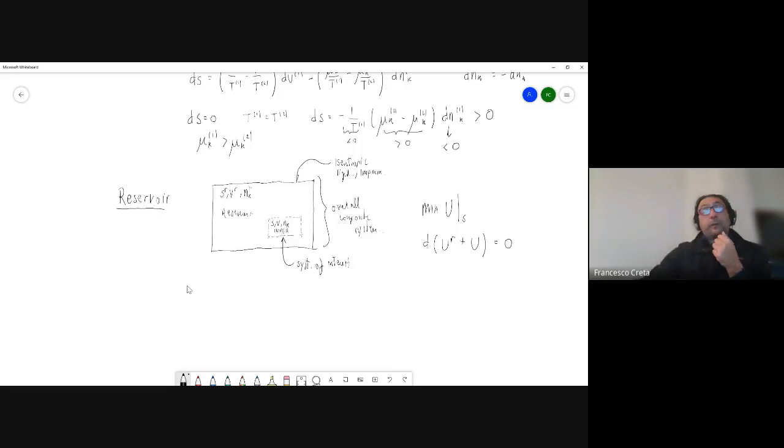So, I'll anticipate a few things. If I want to keep this internal system at constant pressure, it will be easy to see that this reduces to a minimum of enthalpy. If I want to keep this at constant pressure and temperature, this will translate to a minimum of Gibbs energy.